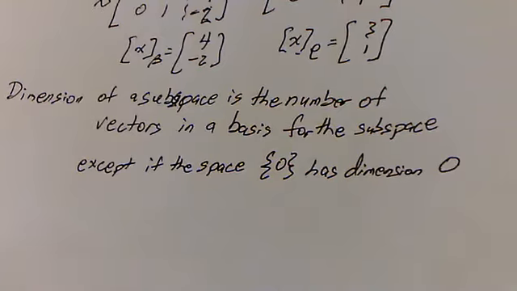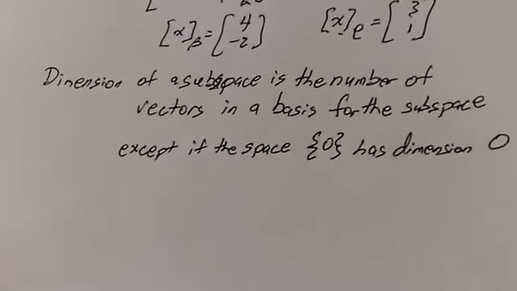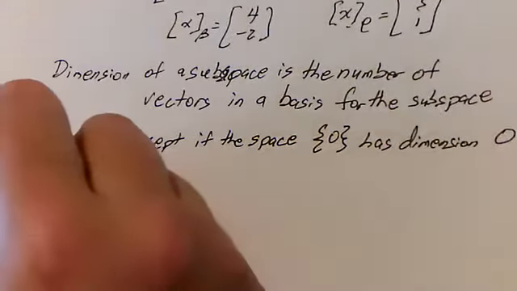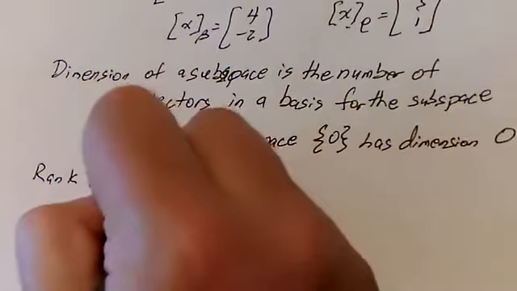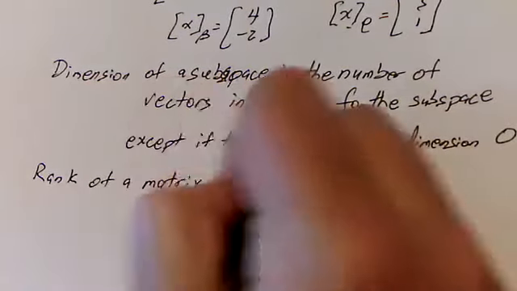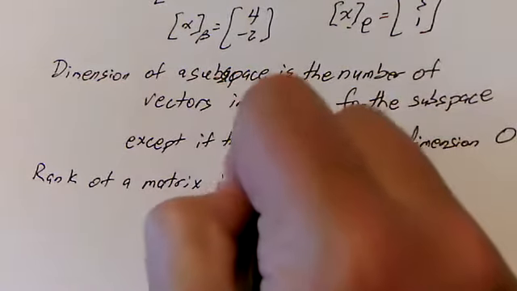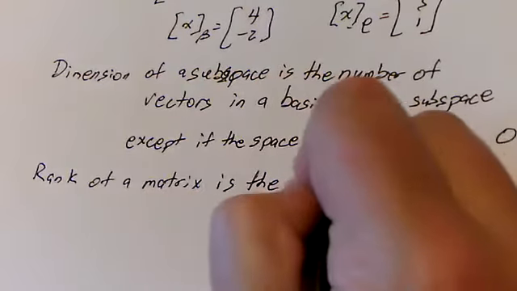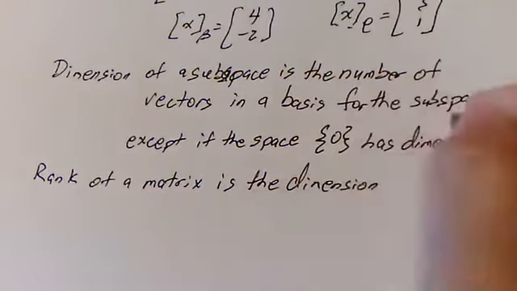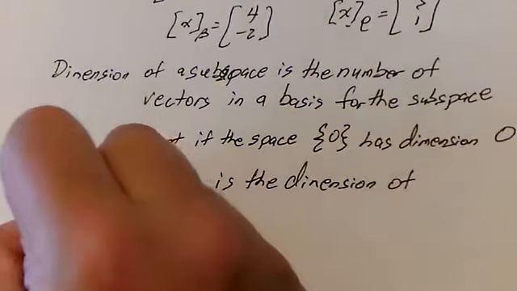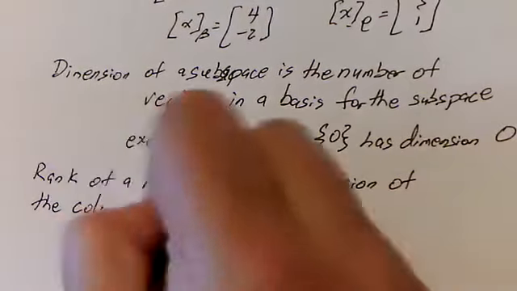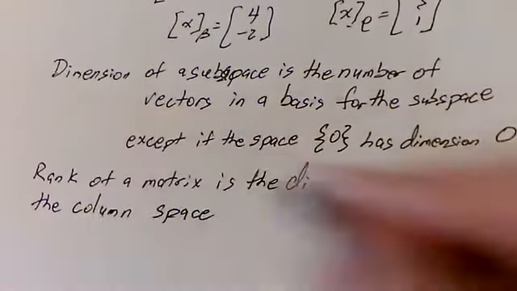All right, now the name of the section is dimension and rank, so we need a definition for rank. So the rank of a matrix is the dimension of the column space. We talked about column spaces in the last section.